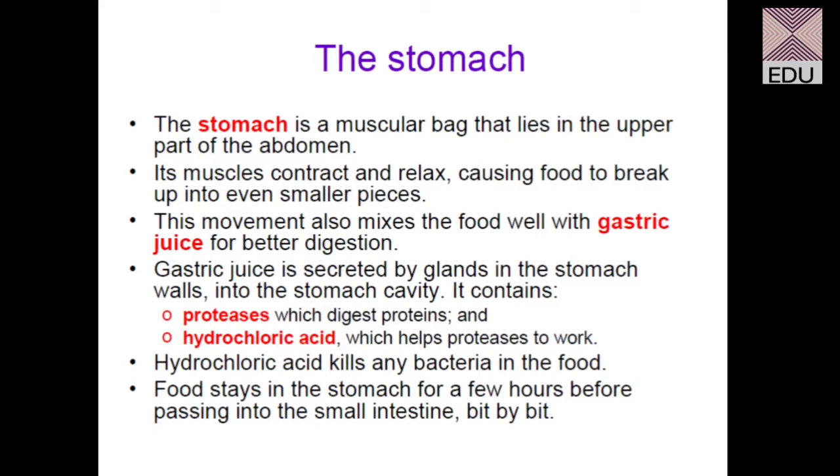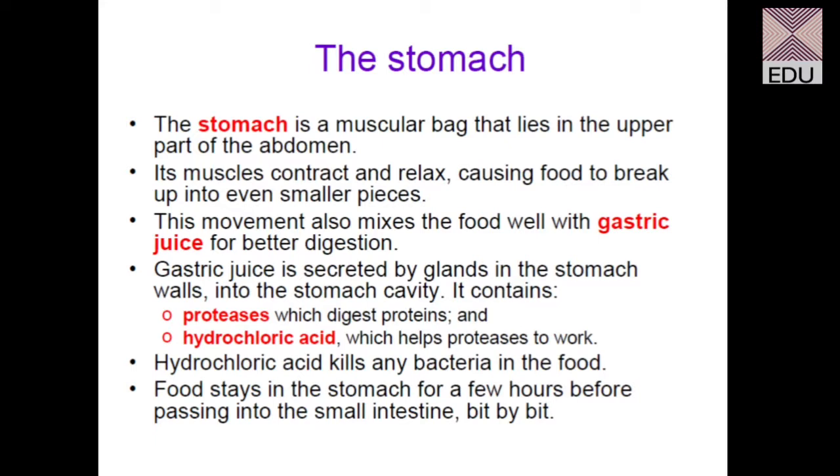Now, the gastric juices which are secreted by the glands of the stomach wall are given into the stomach cavity. The main enzymes in the stomach are proteases, as we have earlier discussed in the chemical digestion inside the stomach. Second is the HCl.